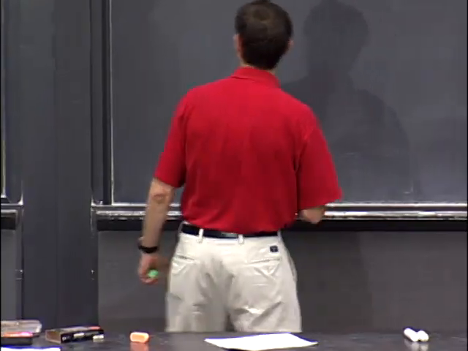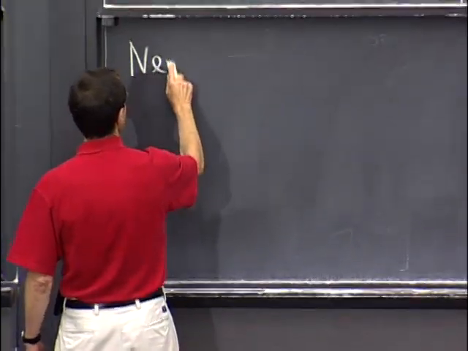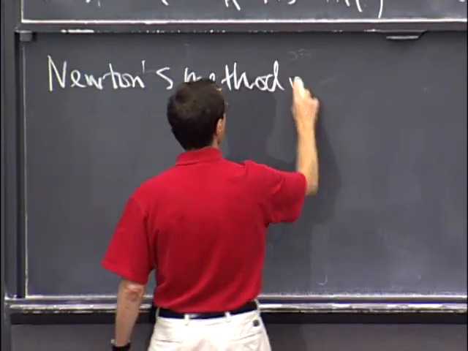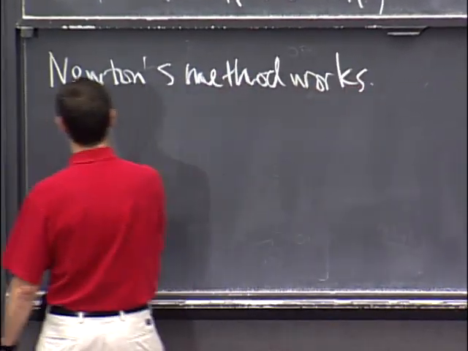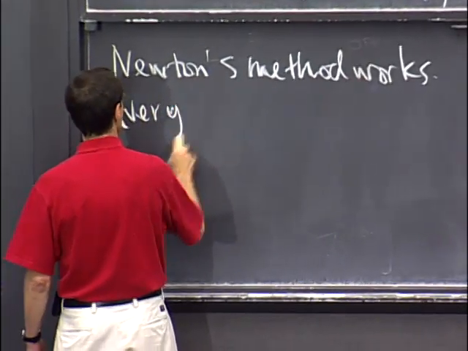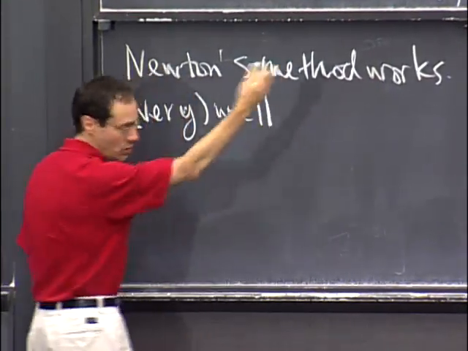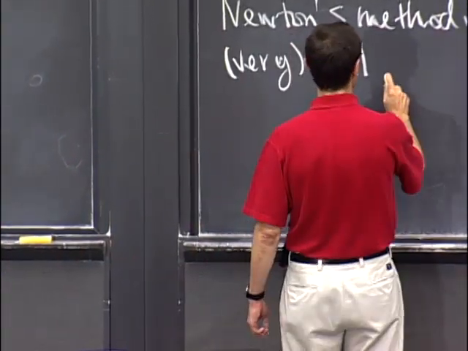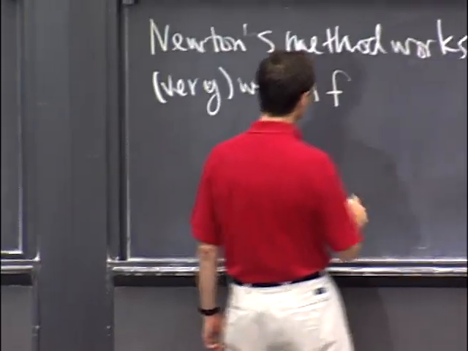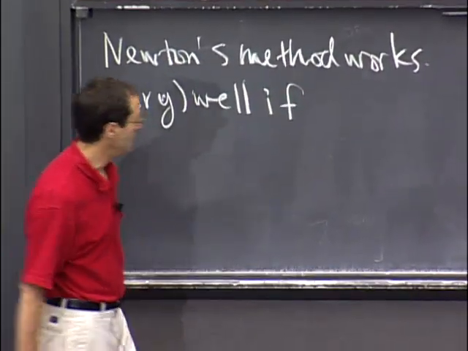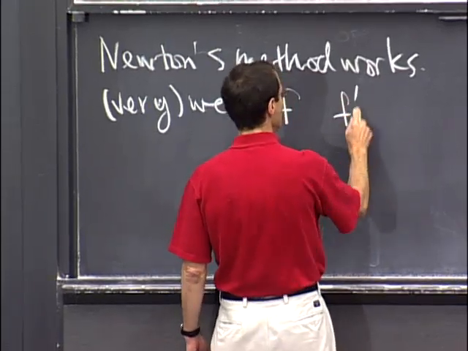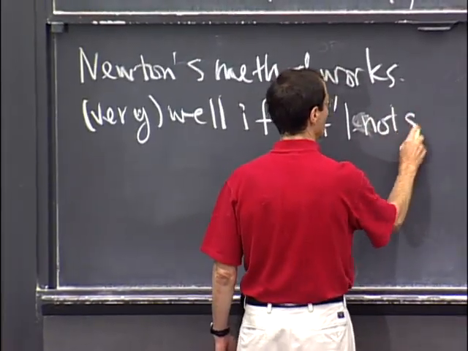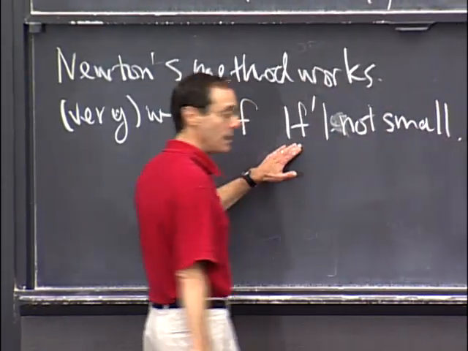So let me just summarize by saying that Newton's method works very well, by which I mean this kind of rate. And I want to be slightly specific. There are really two conditions disguised in this. One is that f prime has to be not too small.